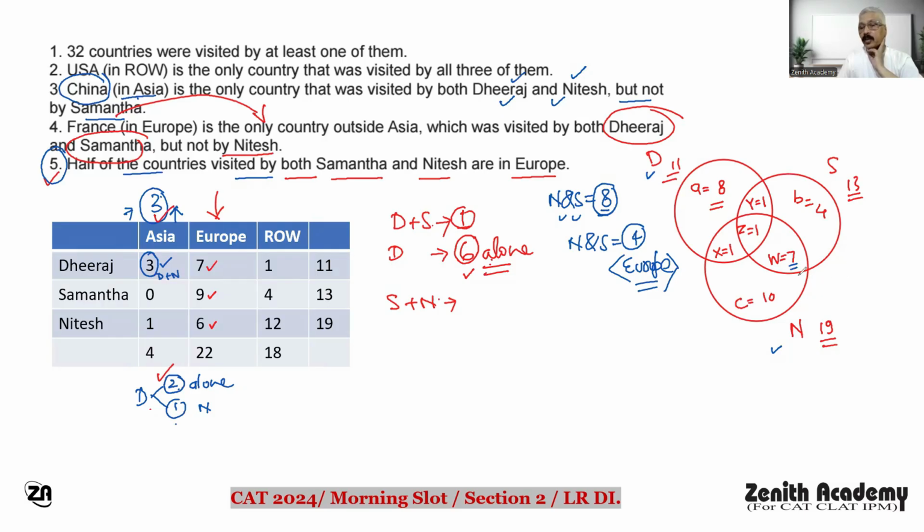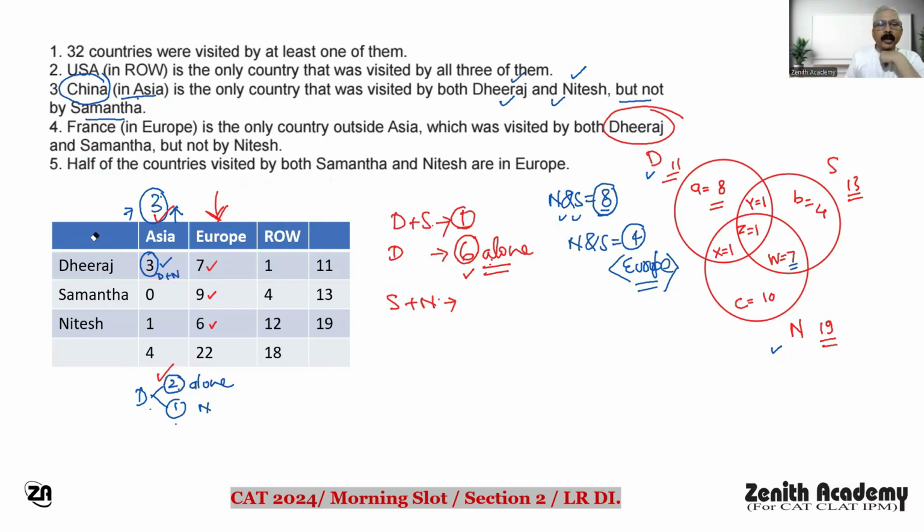Dheeraj is not with them. So the total number of countries where Nitesh and Samantha visited is 7. But here it is a matter of Europe. So see point number 5. Half of the countries visited by both Samantha and Nitesh are in Europe. So the total number of countries visited by them is 8, half is 4, so 4 in Europe.